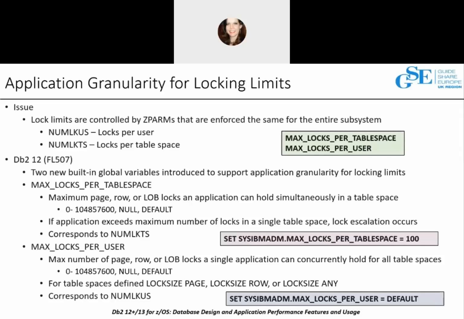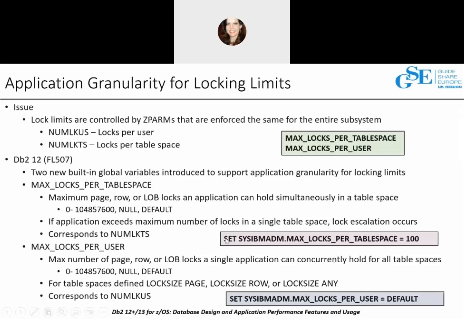So now, through function level 507 for version 12, you can actually specify the number of locks per user through global variables, and that will let you set this exclusively for a particular application, and it will override what is defined in the ZPARM.